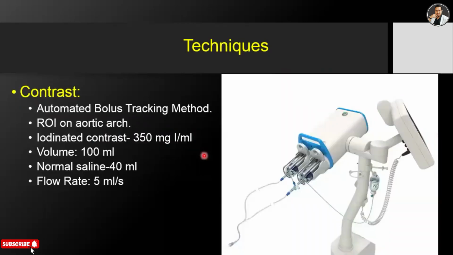For the contrast, we will use the bolus tracking method, and we will set the ROI. So here we will play the angiograms we did earlier: lower limb angiogram, renal angiogram, hepatic angiogram. In those angiograms, we set the ROI on the abdominal aorta.